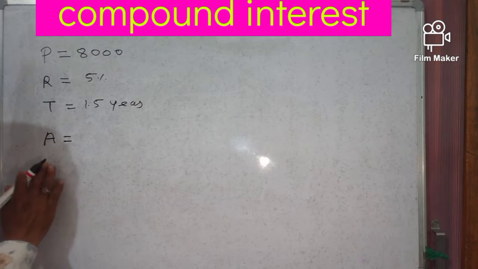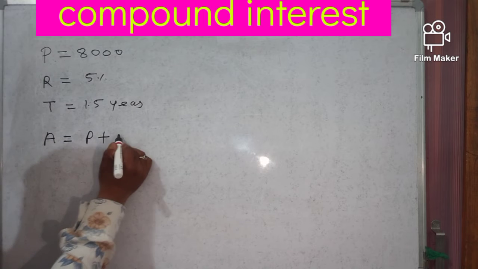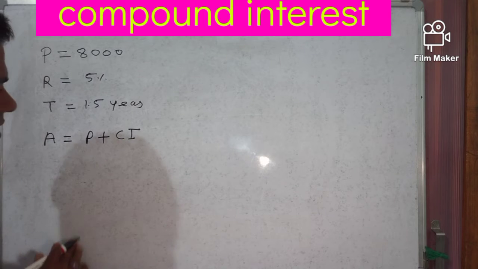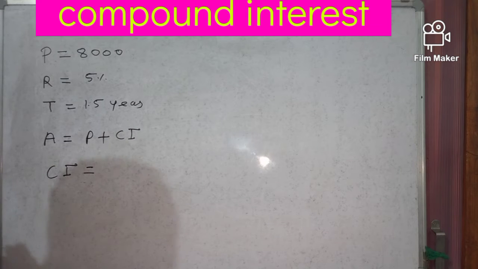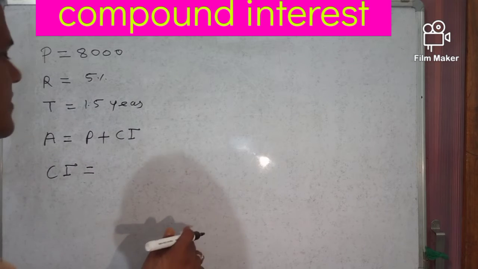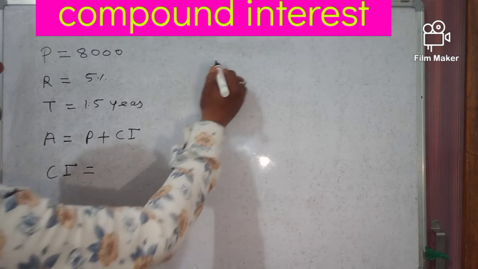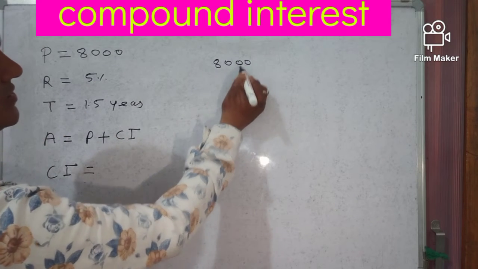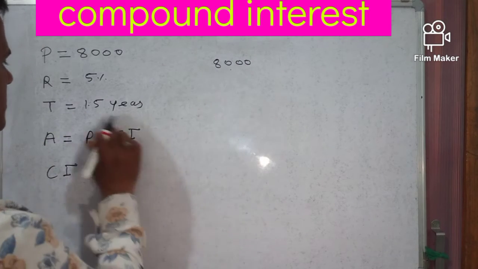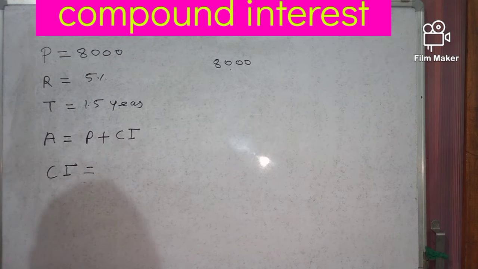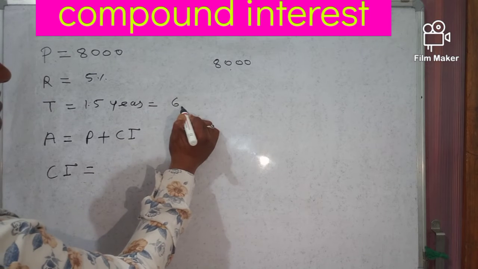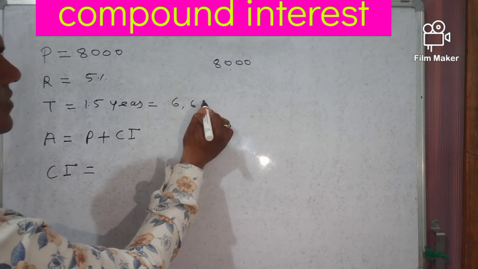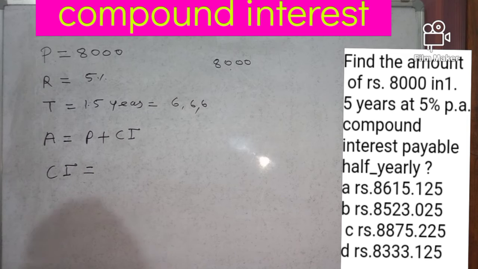So we need what will be the amount. So see here, amount is just principal plus compound interest. So we first need to find the compound interest. So let's solve it and find out the compound interest. Right here 8,000. This is half yearly, so 1.5 years comes to 36 months?